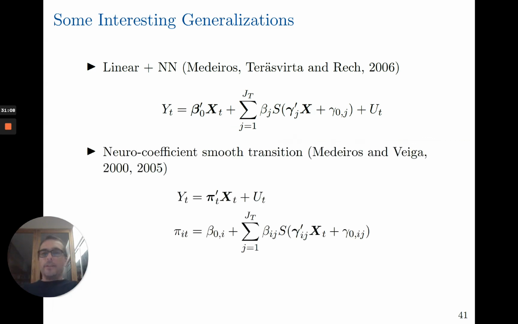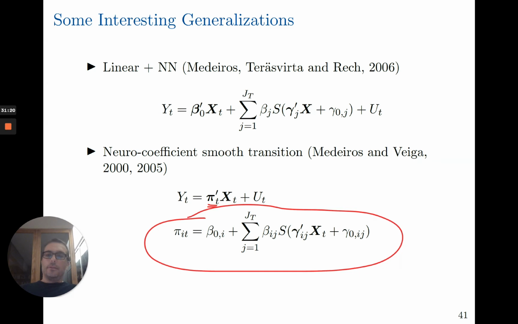There's also the neural coefficient smooth transition model, where we have a linear model, but the coefficients of the linear model are given by a neural network. I have two papers published on that, and it has nice properties in terms of interpretation of the model.